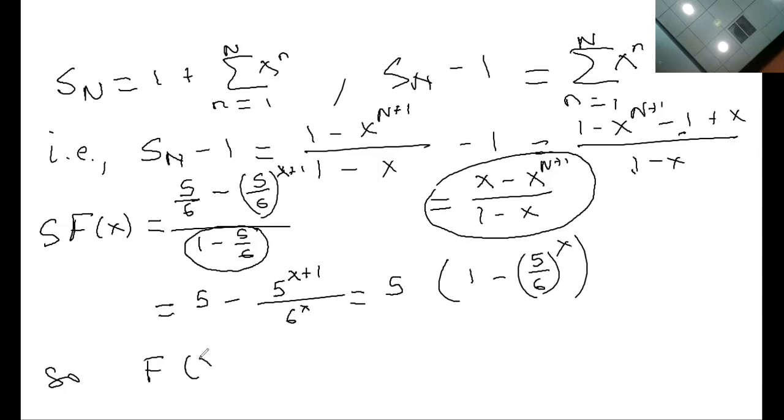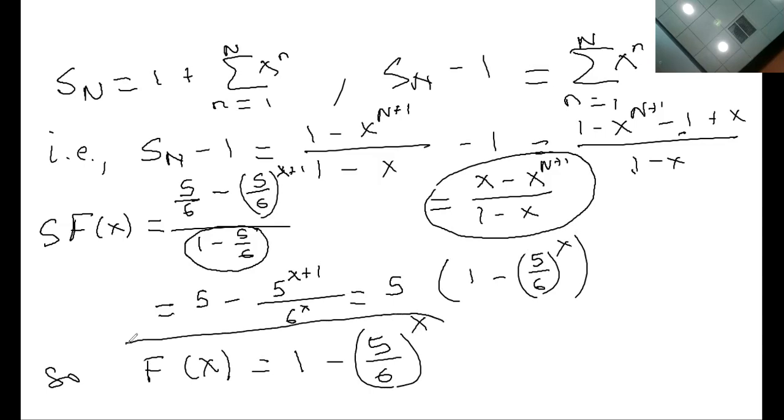F of x is equal to 1 minus 5 over 6 x. This is the cumulative distribution of that random variable.